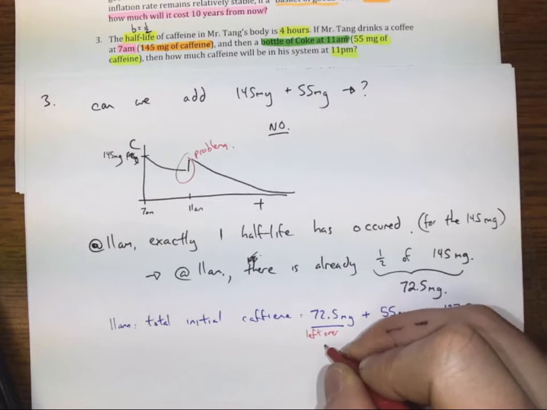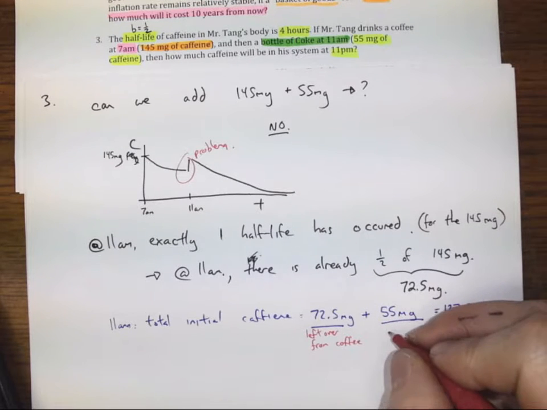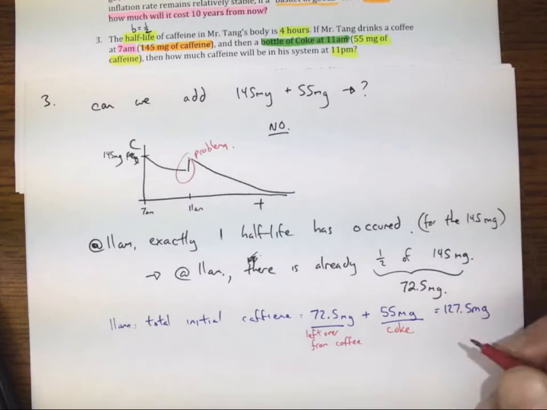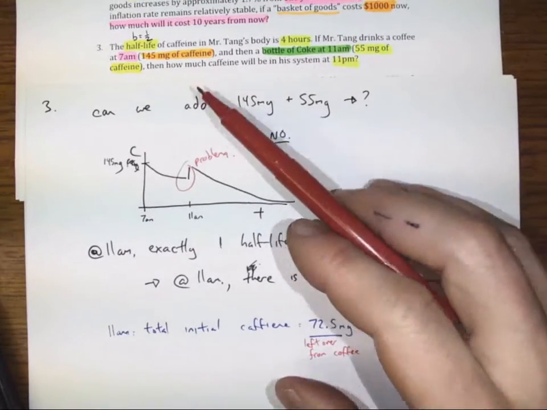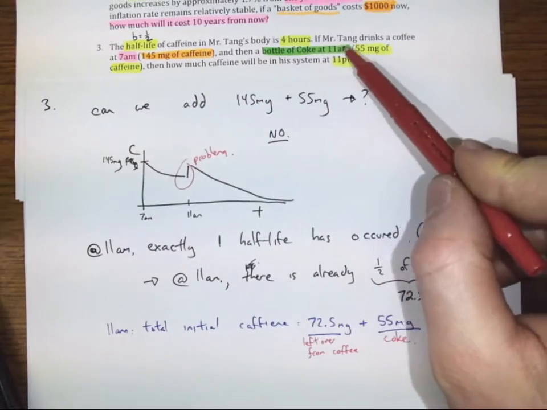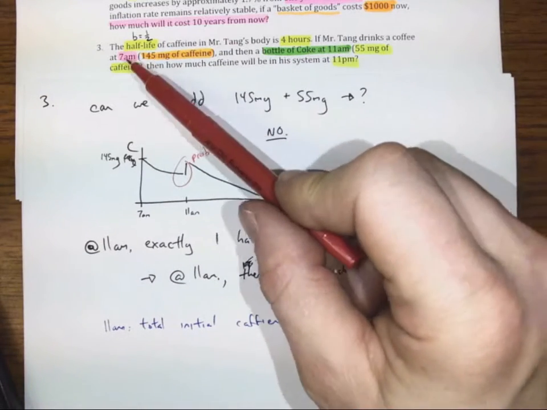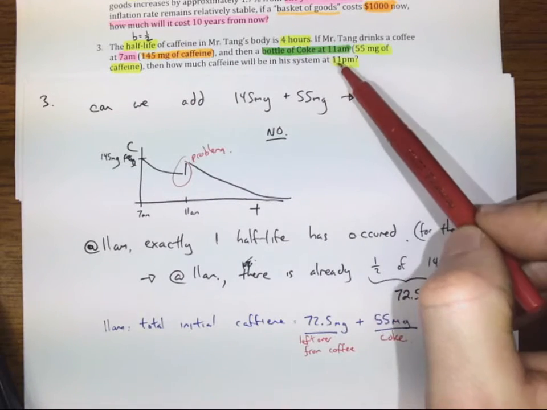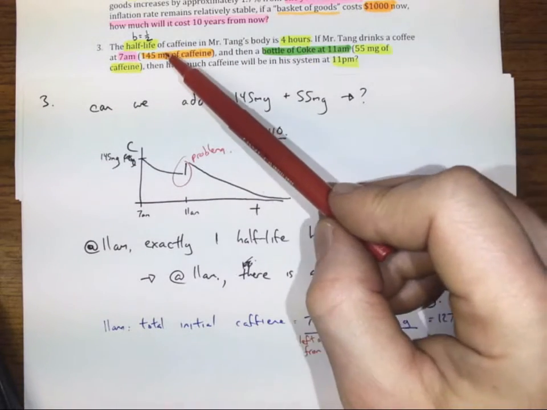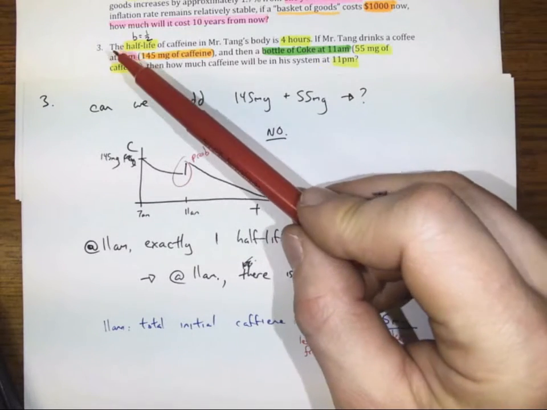Now, say you didn't notice that that was true. So you didn't notice that it was exactly 4 hours between 7 a.m. and 11 a.m. Well, then you would need to calculate the amount of caffeine in Mr. Tang's body from the caffeine at 11 a.m., so starting counting at 7, plus the amount of caffeine from his Coca-Cola at 11 a.m., and really solve two problems.